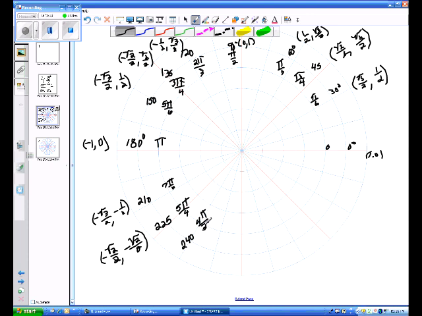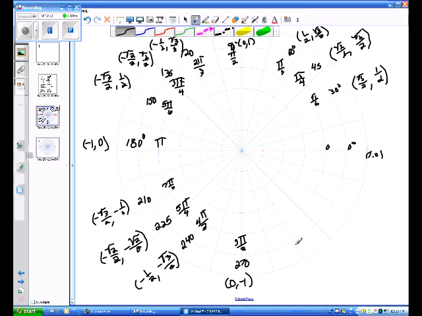Okay, our reference angle is 60, so the cosine would be negative 1/2. The sine would be negative square root of 3 over 2. Then we have 270, which is 3 pi over 2. And in this case, our cosine is 0 and our sine is negative 1.